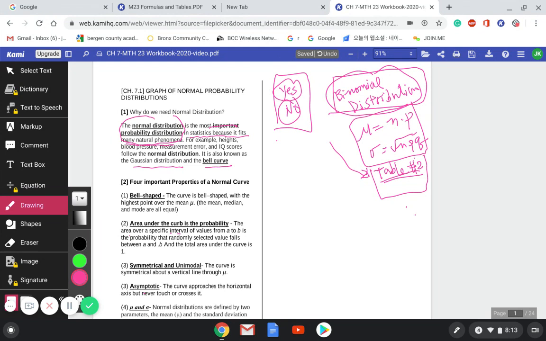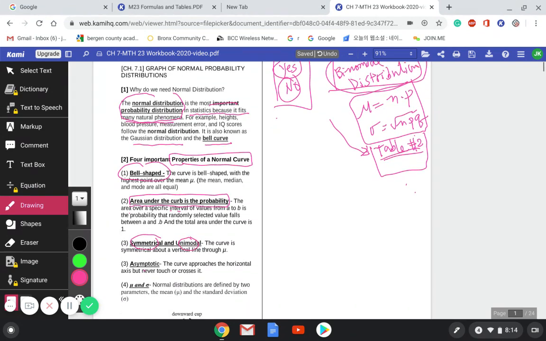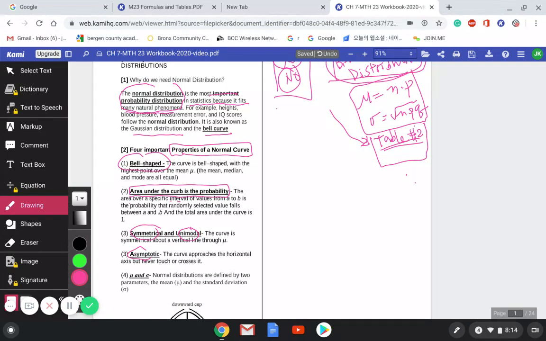The properties of a normal curve are that it has to be bell shaped, and the area under the curve is the probability that we are looking for. It has to be symmetrical and unimodal, and it has to be asymptotic, and they use the mu and sigma, which are the mean value and standard deviation.